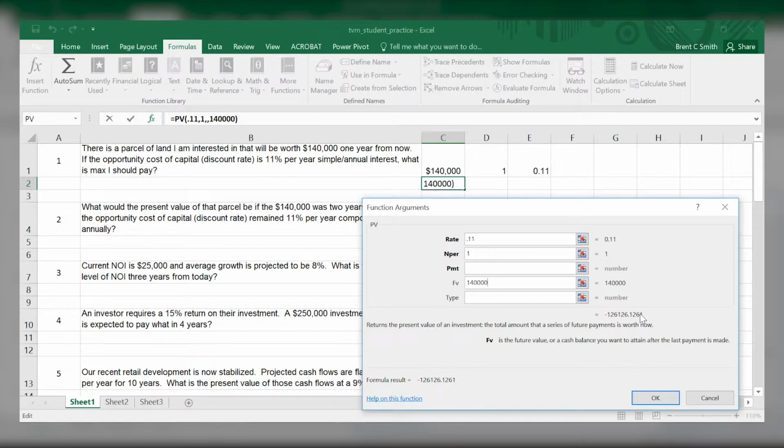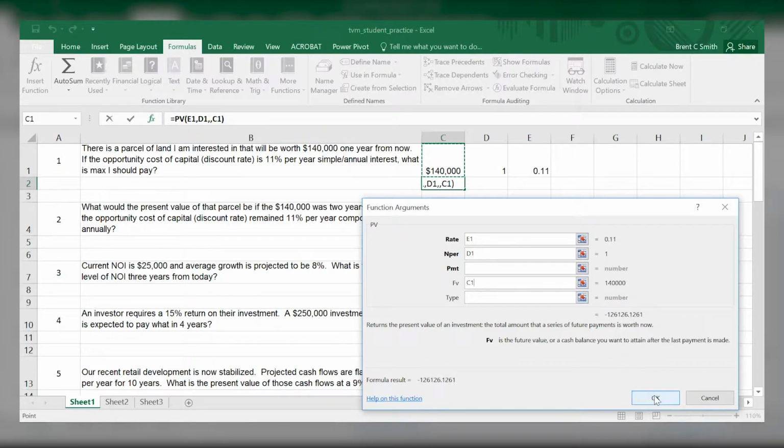And if we have entered the known information in cells, we then simply only have to change the information in the cell to get the new answer. And so what I'm going to do is not enter the hard numbers, but instead reference the cells. So the rate, of course, is in cell E1, the number of periods in D1, again, no payment, and the future value is in C1.